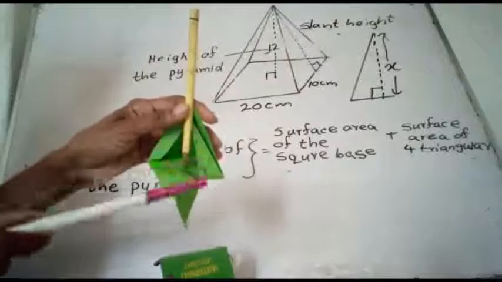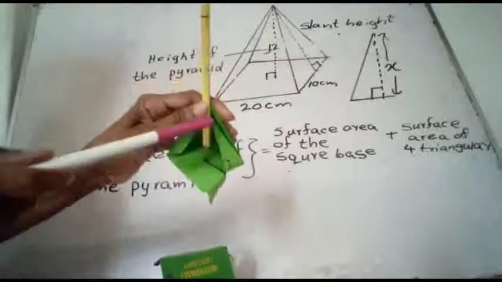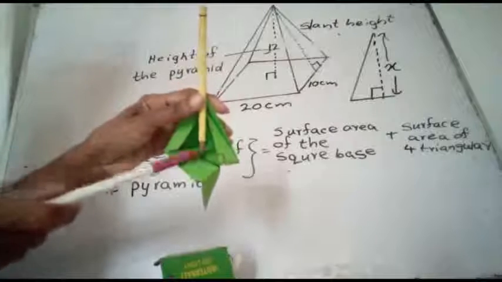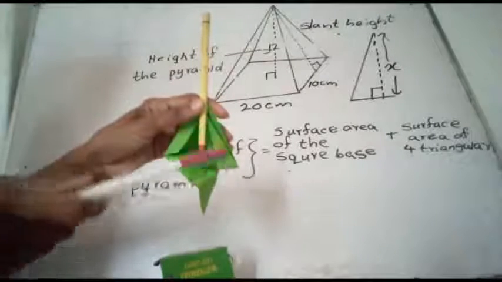Here this perpendicular height is the diagonal of this right angle triangle.